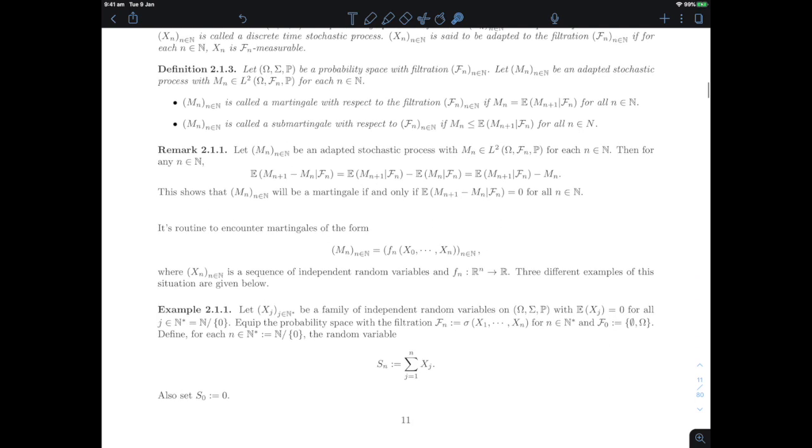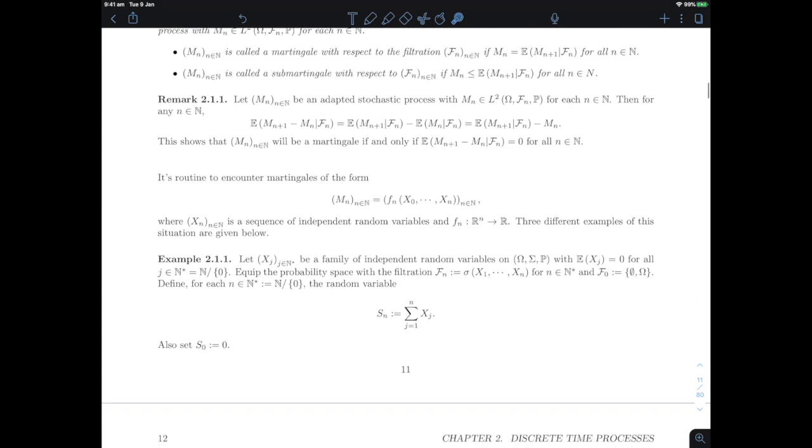Okay, now notice that martingales very often occur as a function of a family of random variables. You have a sequence of independent random variables, and you take a certain function of these random variables, and this is very often how martingales occur under some conditions on this function.